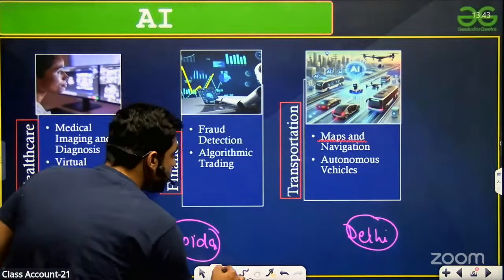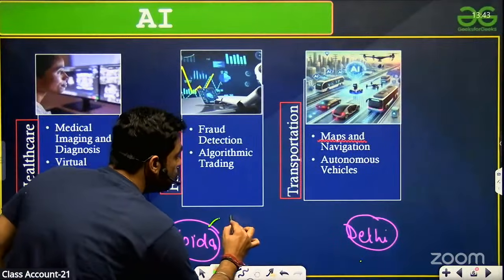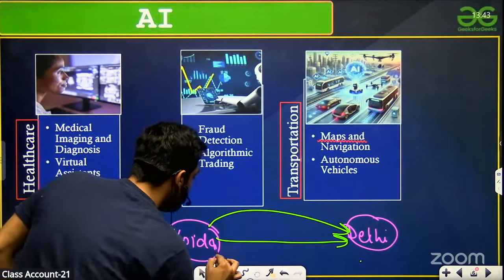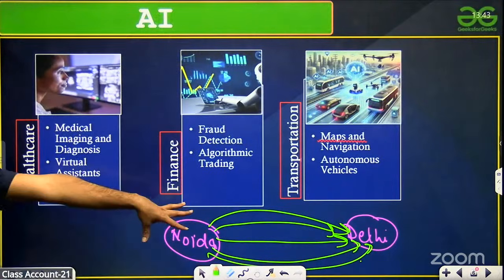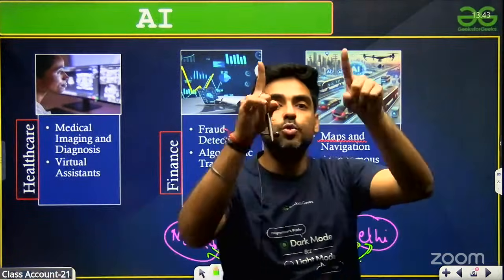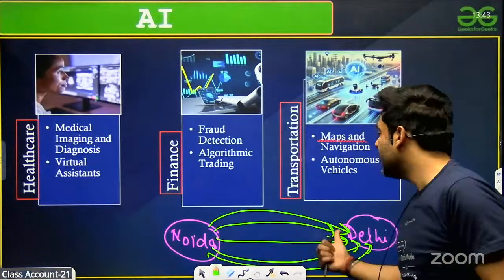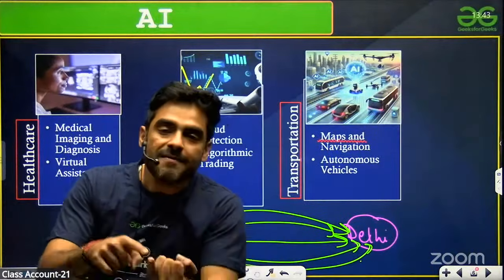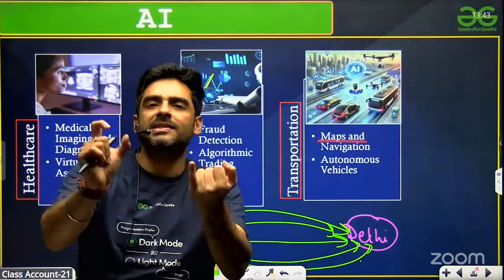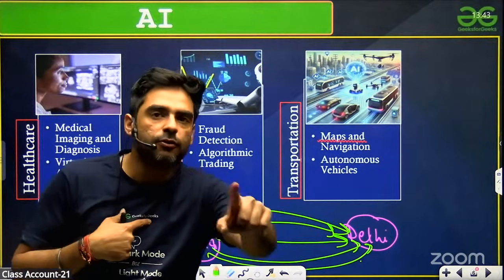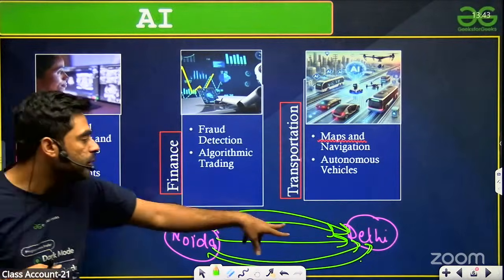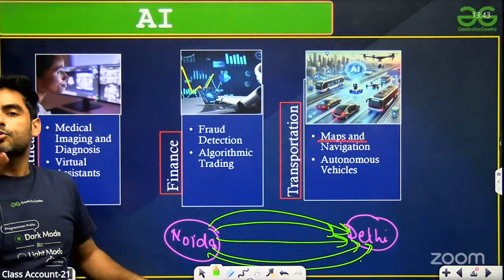So now this map would be using algorithms where it would be surfing the number of in-between routes and combinations using which I can reach from Noida to Delhi in the shortest route or at the lowest cost, or any purpose that it has to fulfill for me.